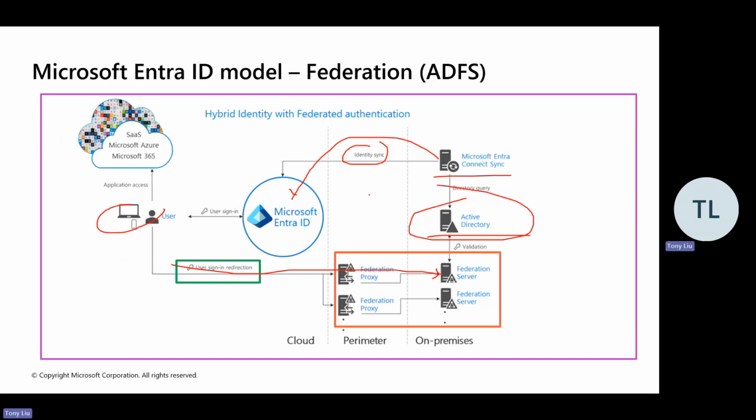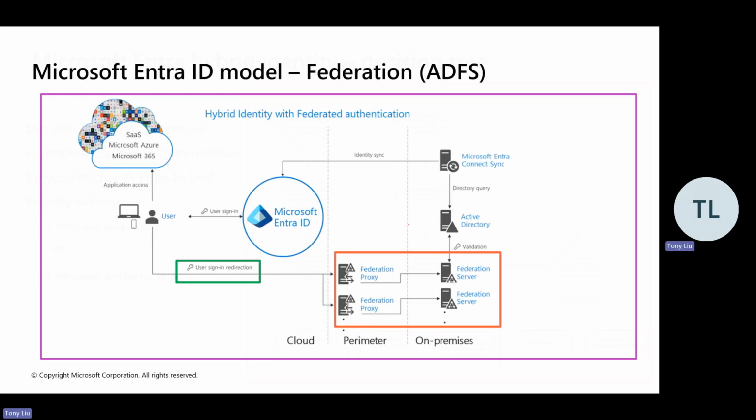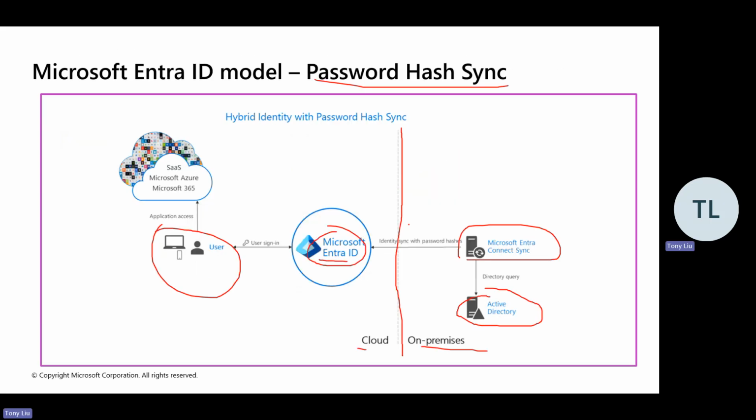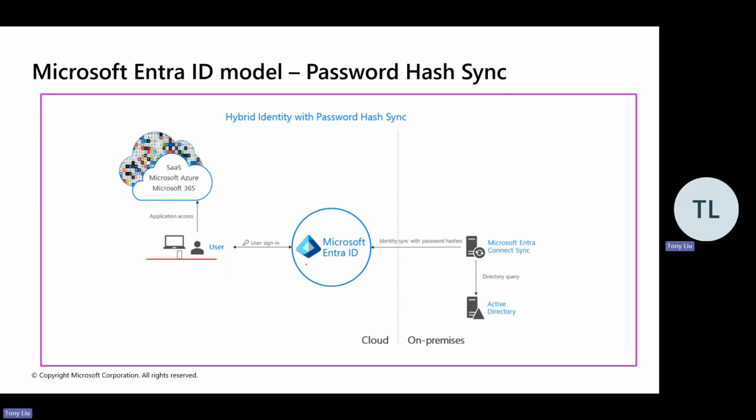And this one, the user is authenticated on Active Directory. So there are 3 models. One is password hash, where the user is authenticated on Entra ID.